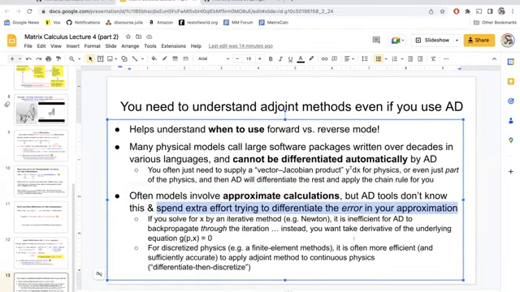It wastes a lot of time. So it's useful to know that, and to know that you need to tell it something to help it. Examples are solving nonlinear systems by iterative methods like Newton's method, or approximating things by discretizing physics, like finite element methods. Often you want to differentiate the physics before you discretize, rather than have it do automatic differentiation on the discretization itself.